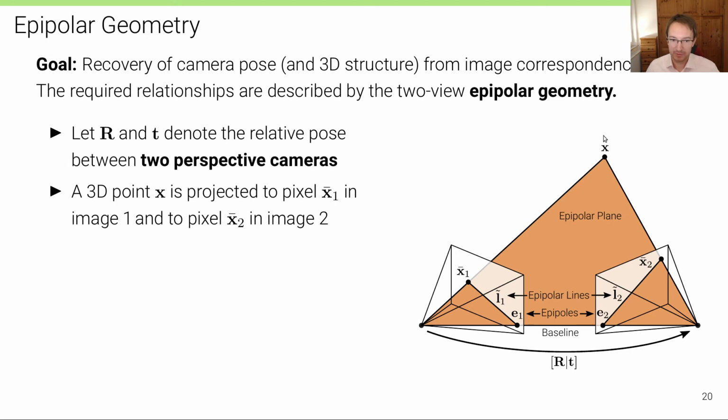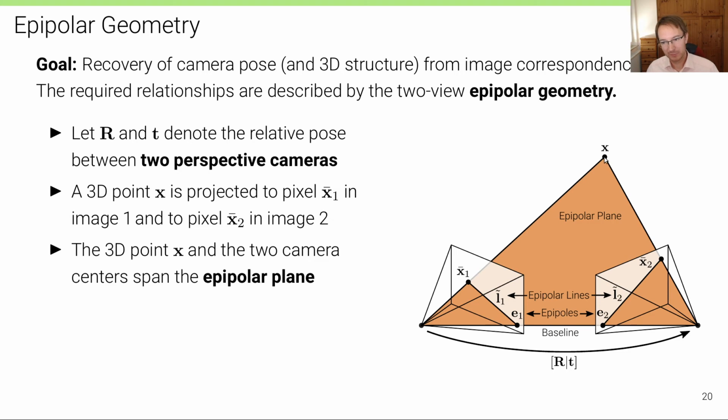Now, a 3D point is projected into the left image onto pixel x bar 1. We're using this augmented vector here, which is just, to recap, the homogeneous vector where we normalize by the third component such that the x and y pixel coordinates can be directly read off from the first two elements in that vector. And similarly, that 3D point gets projected into the second image onto pixel x bar 2.